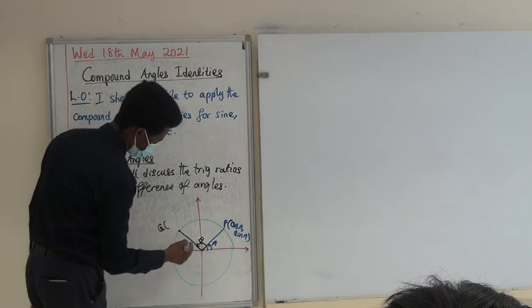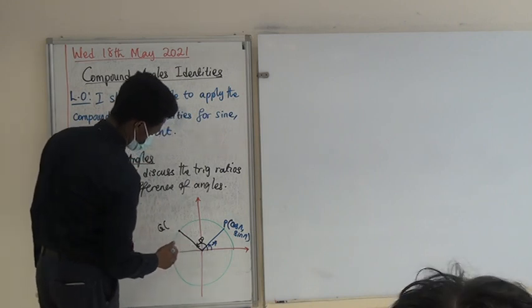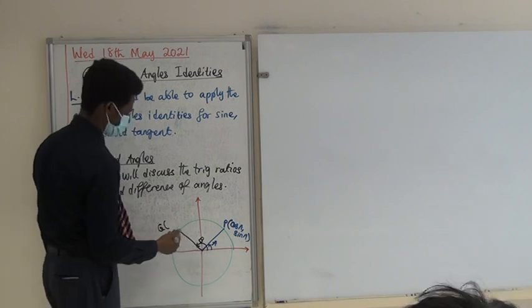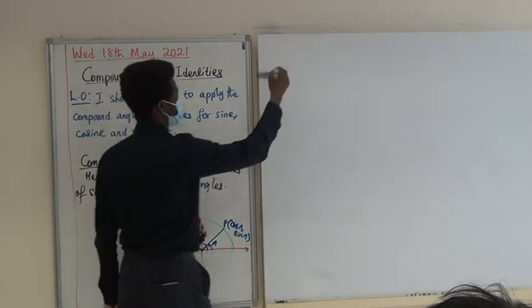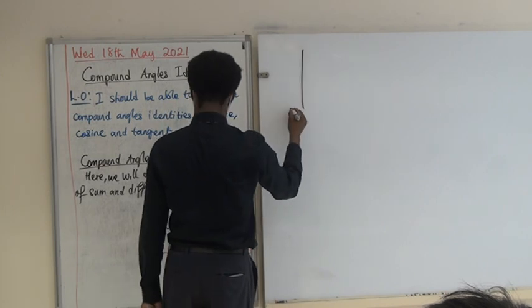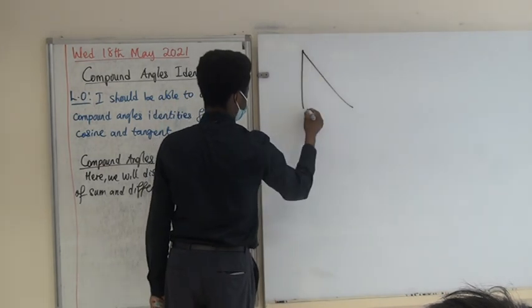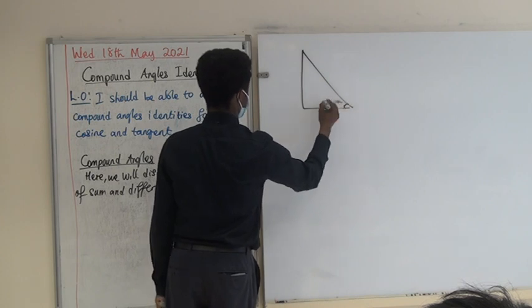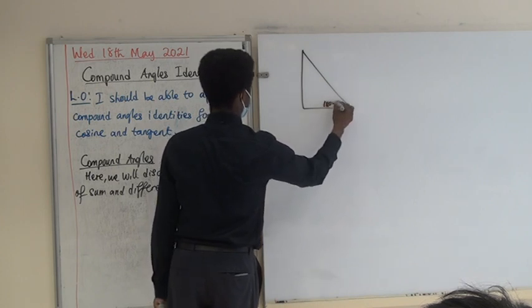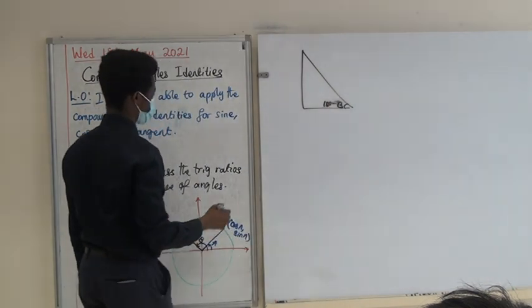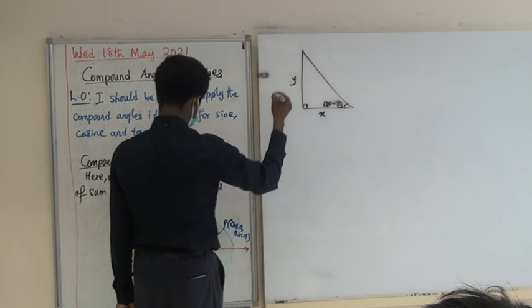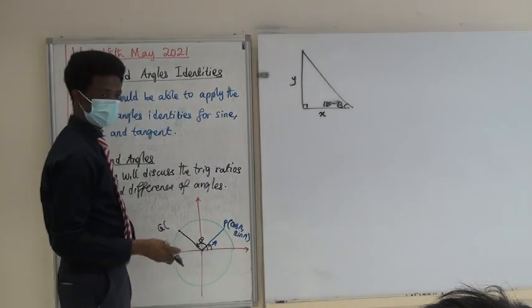Here, the 180 minus B is in the second quadrant. So this is what we have. So this is 180 minus B. X is negative, isn't it?